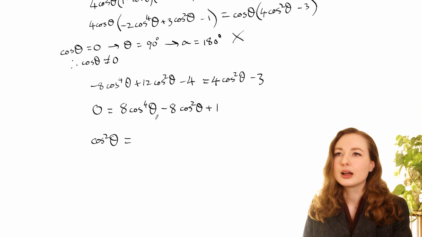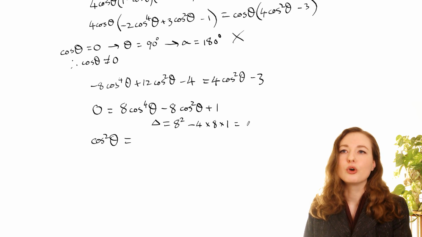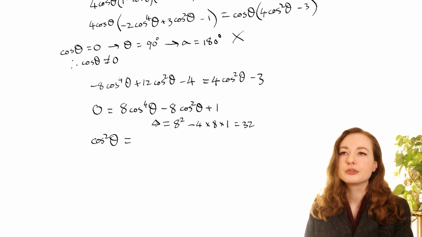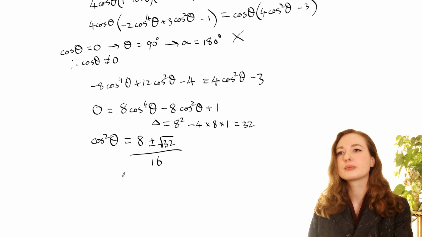So when I do that, I like to work out the discriminant first. So b squared minus 4ac, so 8 squared minus 4 times 8 times 1. That's going to be 64 minus 32, which is just 32. So we'll have the negative b, so positive 8, plus or minus square root of the discriminant all over 2a, so 2 times that.